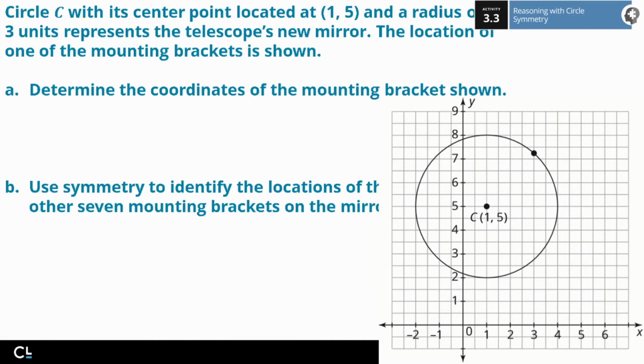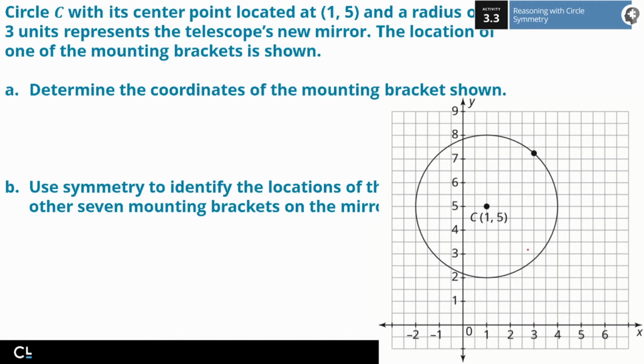Right? So it says circle C, with its center point located at 1, 5, and a radius of 3 units represents the telescope's new mirror. The location of one of the mounting brackets is shown. Determine the coordinates of the mounting bracket shown. Well, that's easy. We can use our grid for that. So we go here.